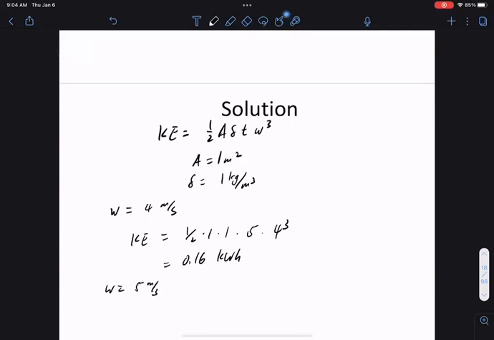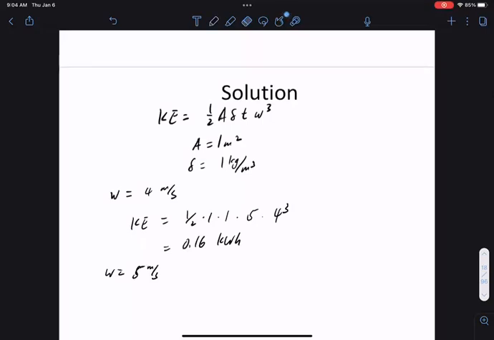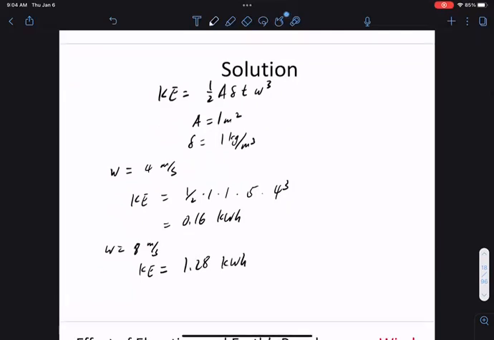So 8 meters per second: same equation, we're just cubing 8 instead of 4. You get 1.28 kilowatt hours. For 9 meters per second, the kinetic energy is 1.82 kilowatt hours.